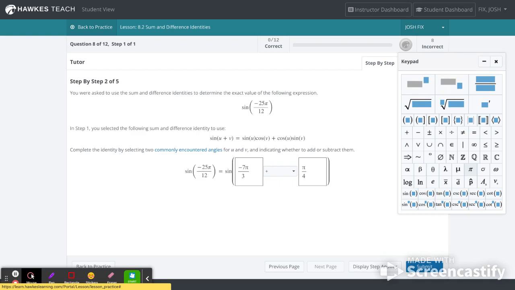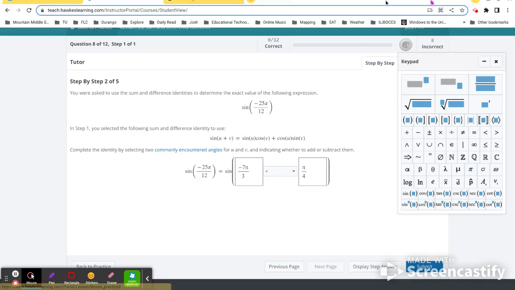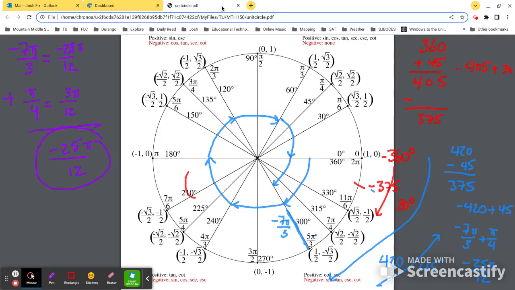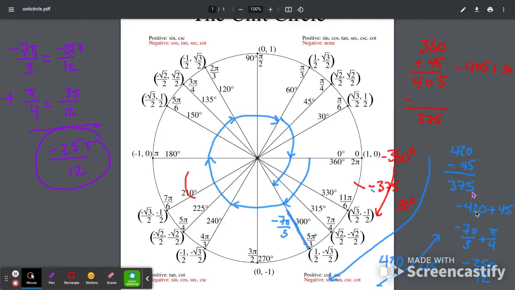All right. And like I said, that's going here and using these numbers down here in the blue. So that's our negative 420. That's using our negative 420 and our positive 45. If we add those together, we get to our negative 375, which is this location right here in the red where we wanted to be, which is also known as our negative 25 pi over 12 because we converted that over on the previous screen.